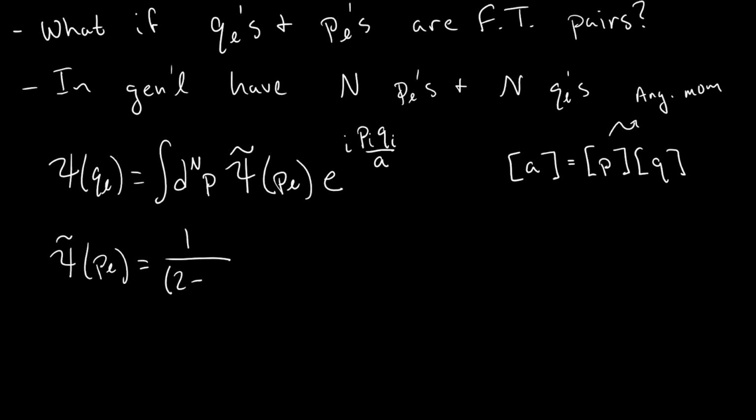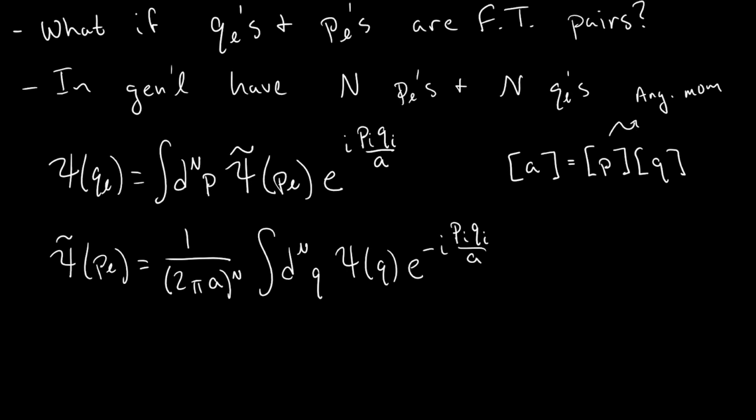And it turns out that that shows up in this sort of overall normalization, d^n q psi of q e to the minus i p sub i q sub i over a. So this is my Fourier transform relation.